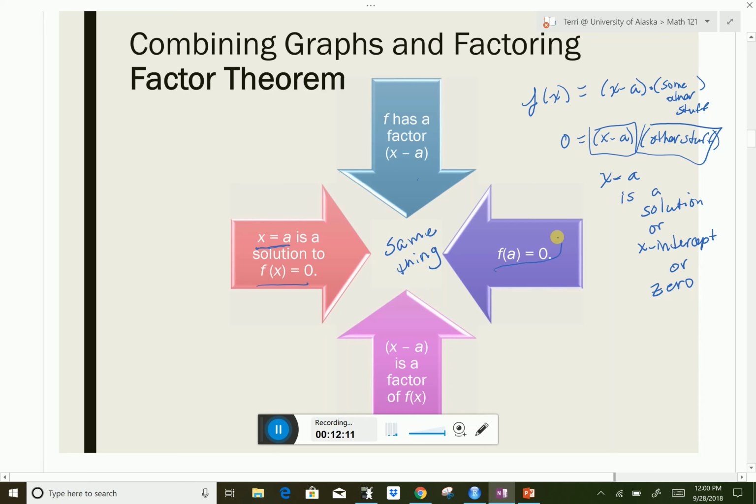So in other words, f of a equals 0. Okay, makes sense, right?